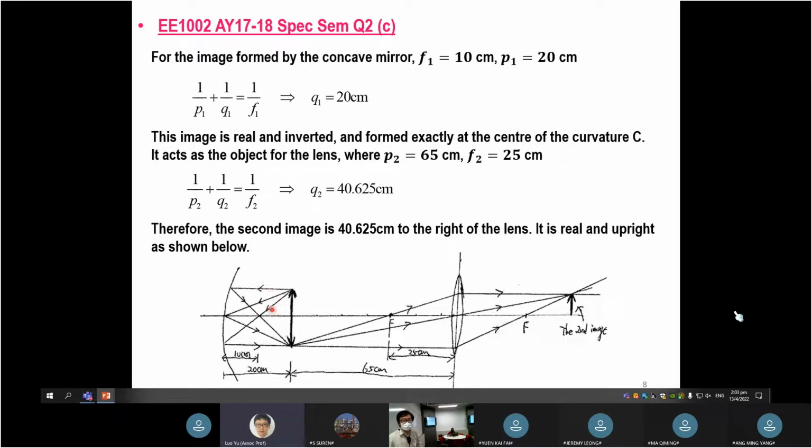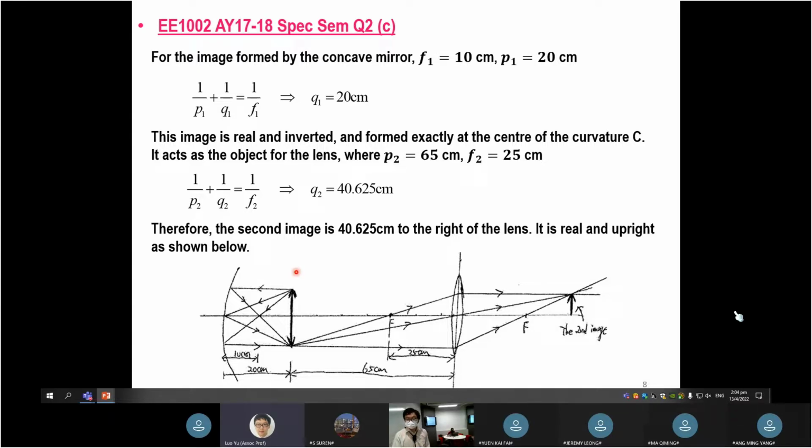Only light rays emitted omnidirectionally, so those emitted to the left, can encounter the mirror. Once it is reflected back, the light ray will always go to the right. It will not encounter the mirror again, so it is only for one image. Okay, so it will not be imaged by the mirror again. Just remember this one.